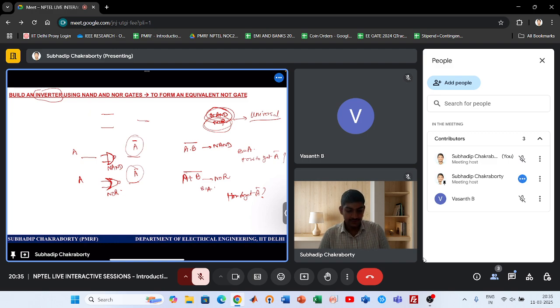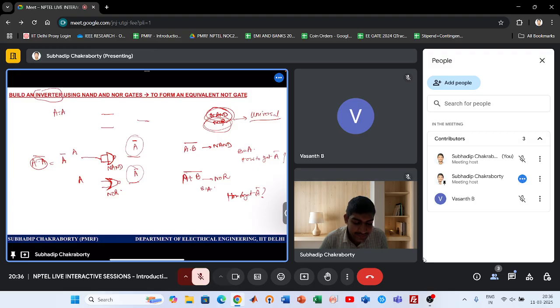You just connect both the terminals and feed A. Then what will you get? (A times A) whole bar. And (A dot A) whole bar is what? A dot A is A.